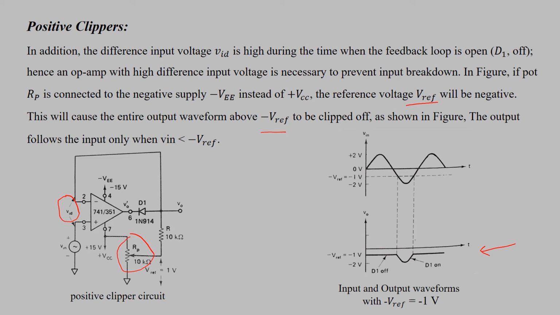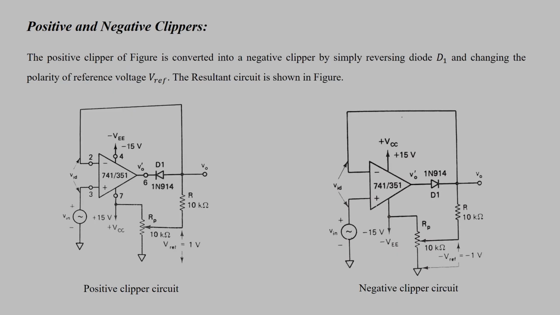This is the case when V reference is minus 1 volt. Earlier was the case when the reference is 1 volt. In both these cases we can see the positive portion is being clipped, and how much it is clipped depends upon the reference voltage.